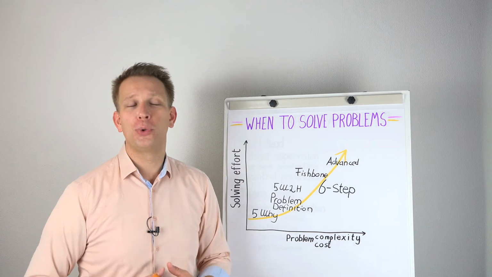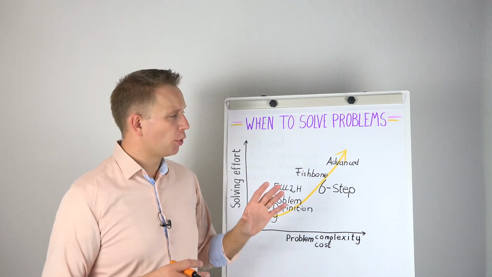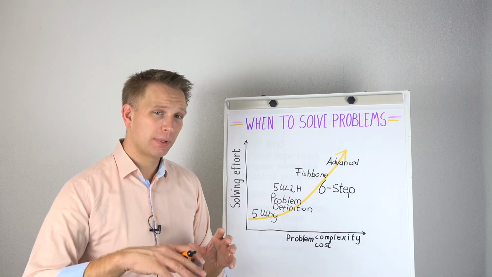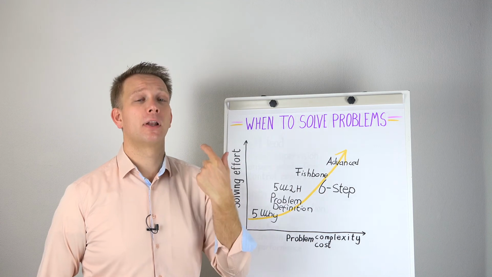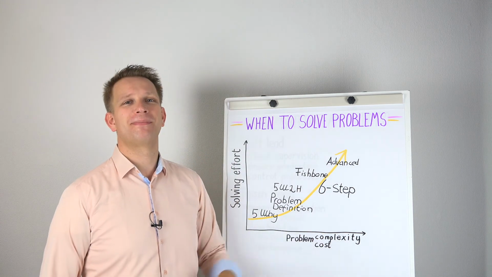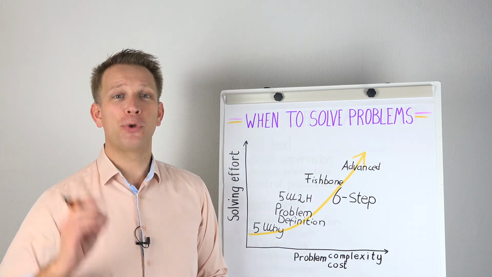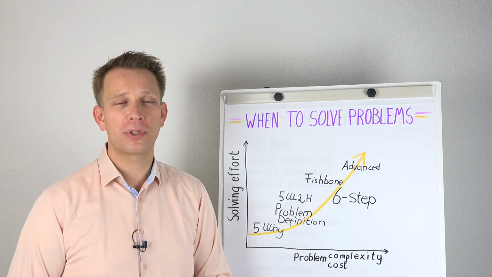And then when you go to the more complex things, maybe it's not even worth it for the organization right now, or it is not really a problem, but it is lots of variation and variability in your processes, you need different tools. So that's how you choose which parts of the problem-solving toolbox to use.